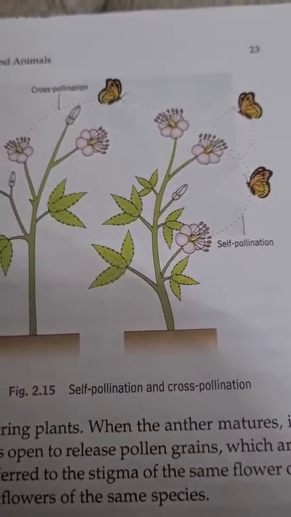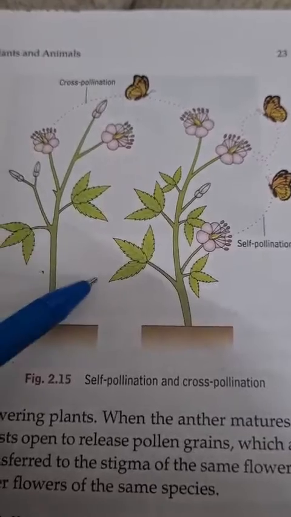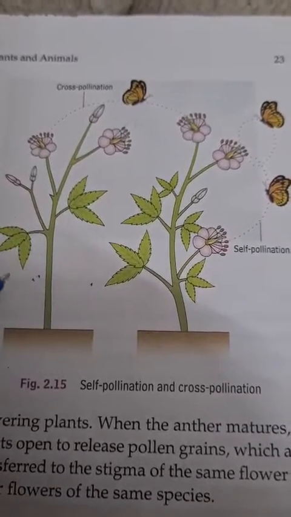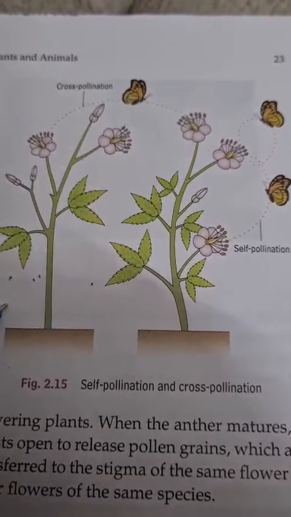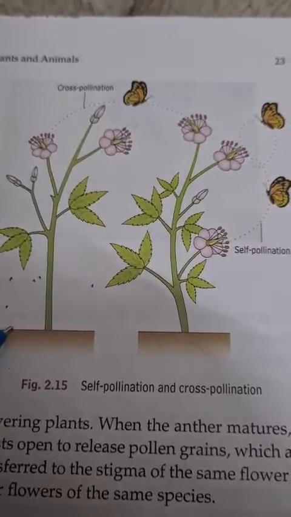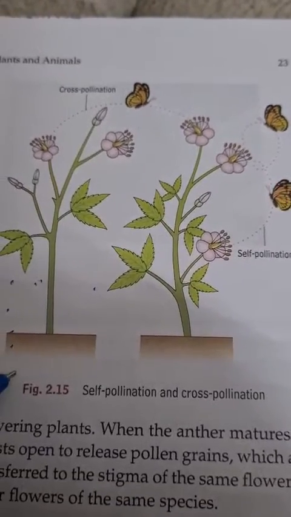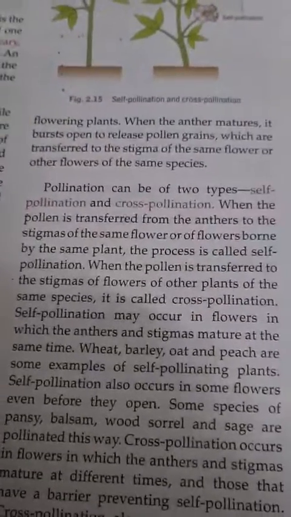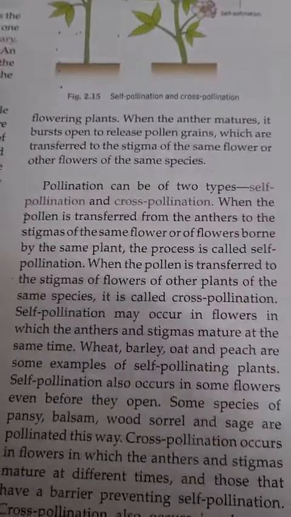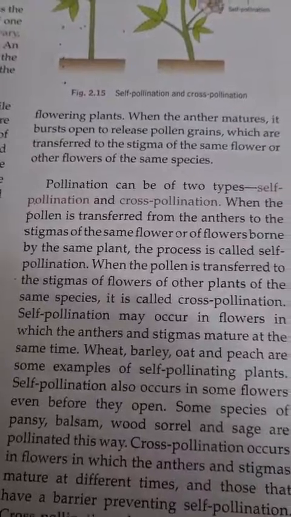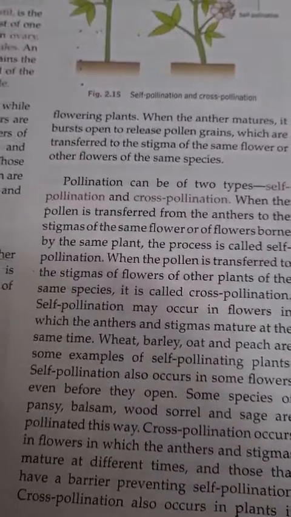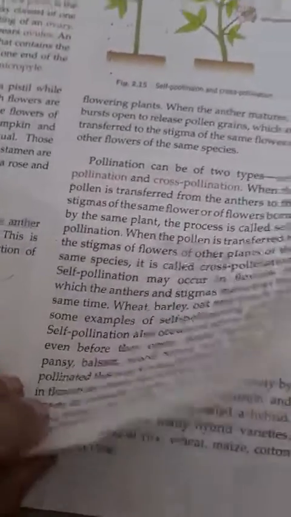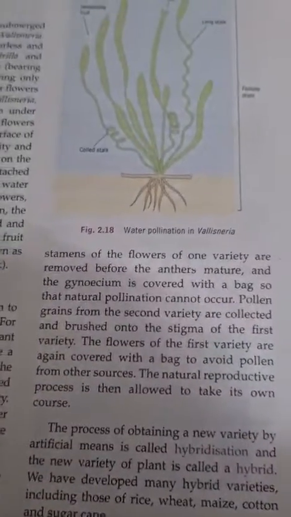Most flowers pollinate by means of wind, water, or insects. And according to the pollinating agent, cross-pollination is further divided into wind pollination, water pollination, and insect pollination. One by one, we will do this also.